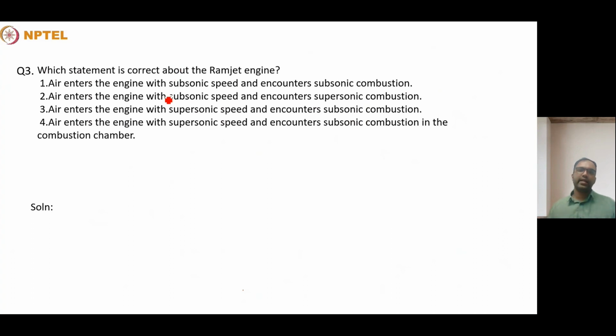Which statement is correct about the ramjet engine? Air enters the engine with subsonic speed and encounters subsonic combustion. Air enters the engine with subsonic speed and encounters supersonic combustion. Air enters the engine with a supersonic speed and encounters subsonic combustion. Air enters the engine with a supersonic speed and encounters subsonic combustion in the combustion chamber.